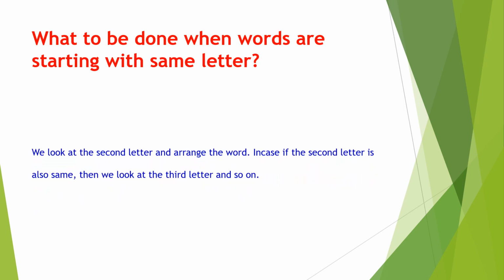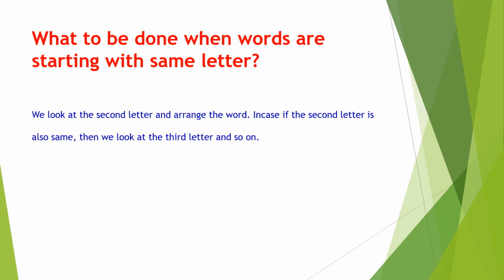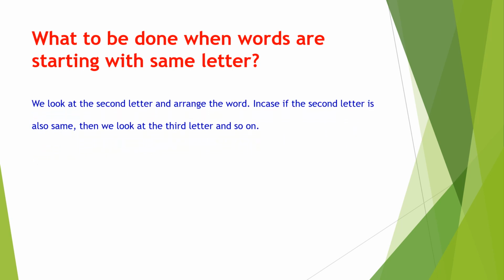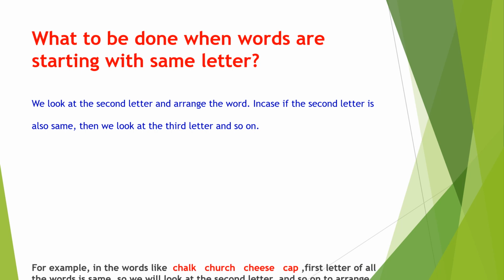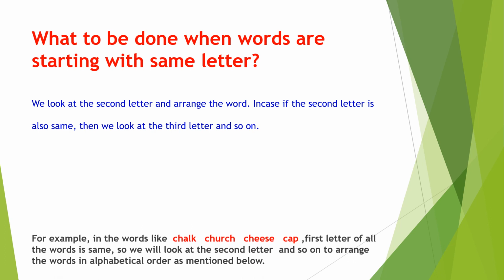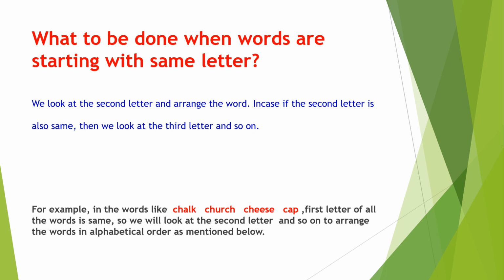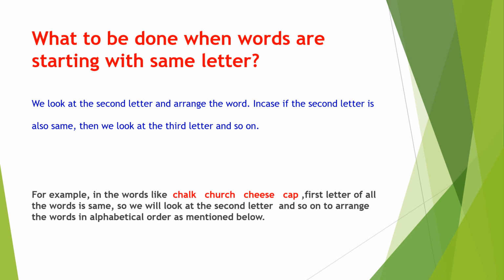In case the second letter is also the same, then we look at the third letter and so on. To make it more clear and easy, let us look at the example having the words chalk, church, cheese, and cap. In these words, we notice that the first letter of each word is common, which is C.